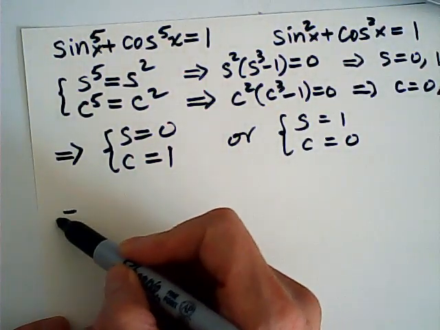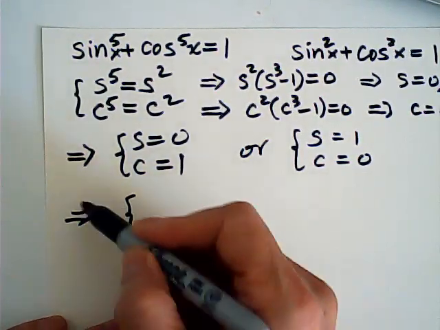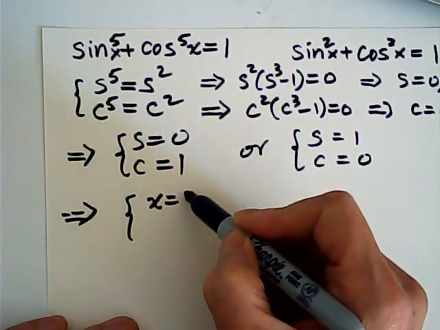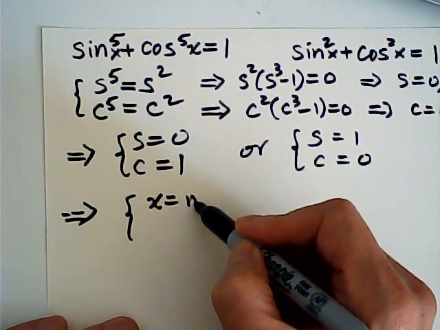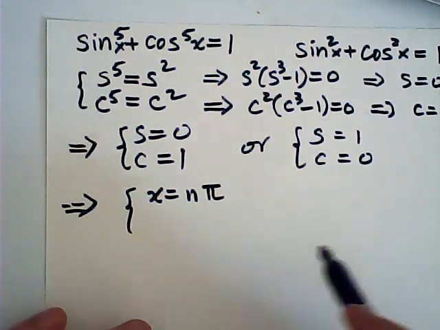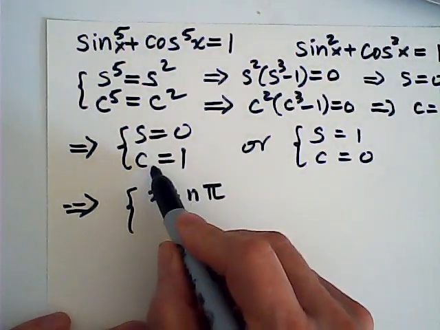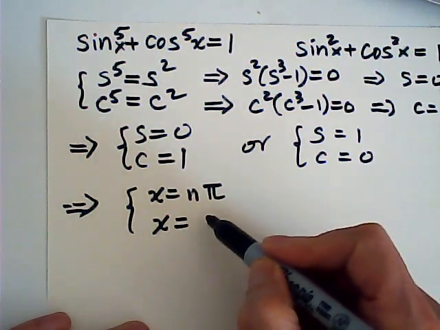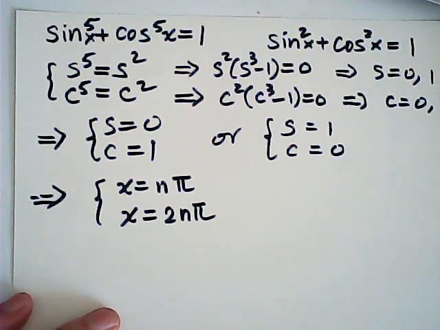So from this situation, we have, when sine x is equal to 0, x must be n pi, right? n is an integer. When cosine x is equal to 1, x must be equal to 2n pi, right?